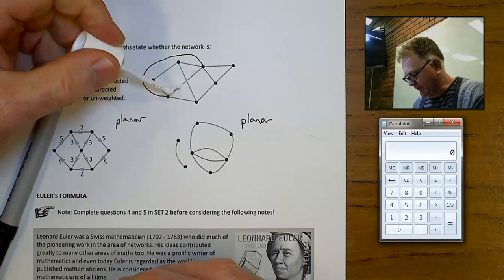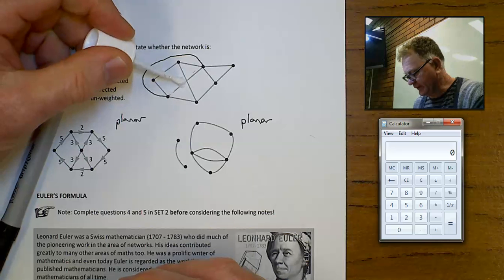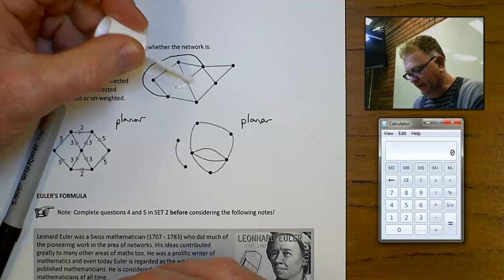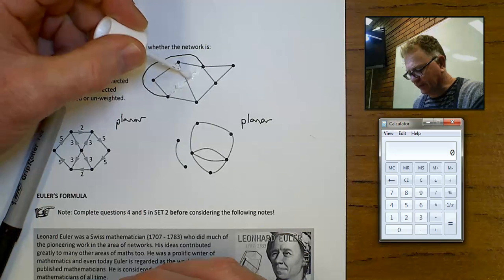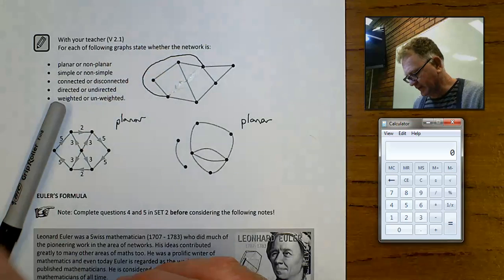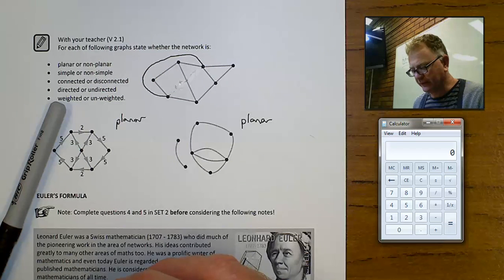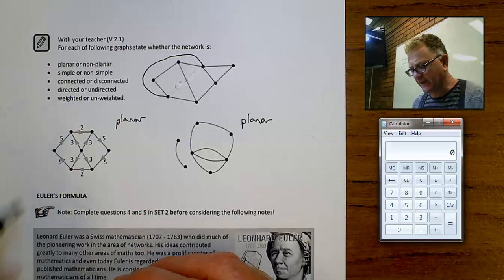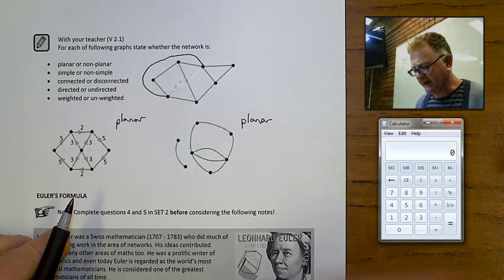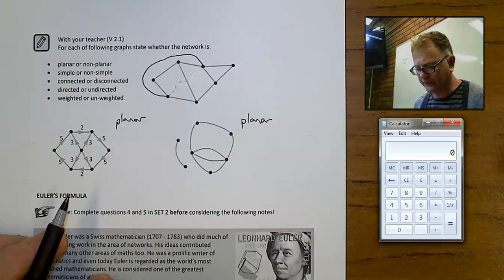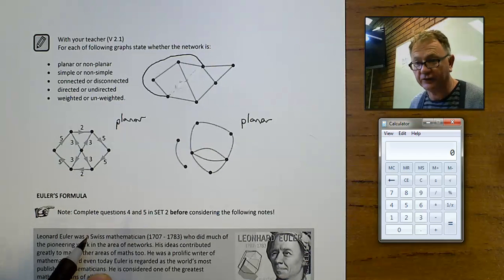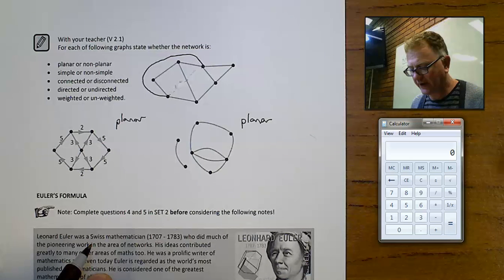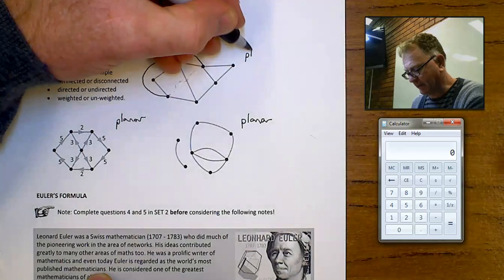So it's no longer there, we've moved it around the outside. It's the same network. The same vertices are joined by edges, only we've moved that edge and redrawn it. Now, a network is planar if it can be drawn without edges crossing over. Initially this one had edges crossing over, but because it can be drawn like this, it is a planar network.